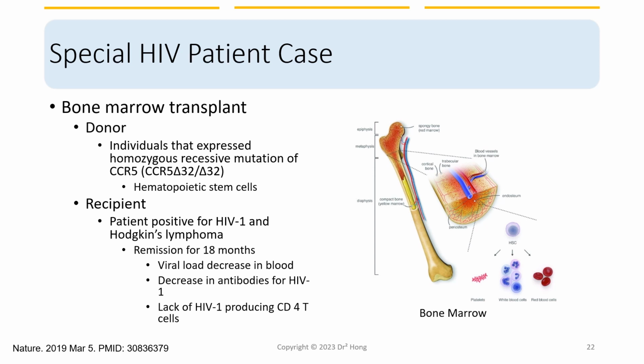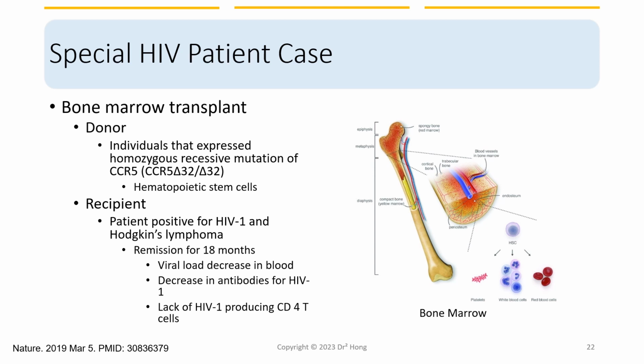In this case study, a patient who was positive for HIV-1 and Hodgkin's lymphoma received hematopoietic stem cells from a donor who expressed a homozygous recessive mutation of CCR5. CCR5, again, is a co-receptor that HIV-1 uses to enter CD4 T cells. And by having this mutation, the donor's cells were resistant to HIV-1 infection.